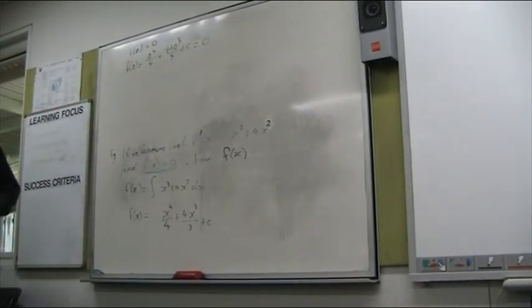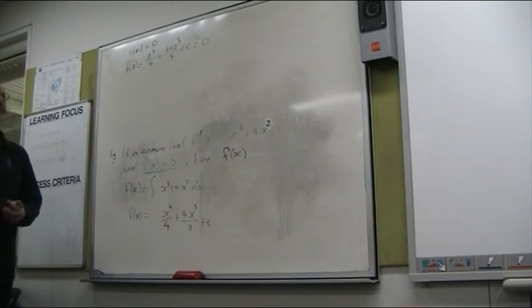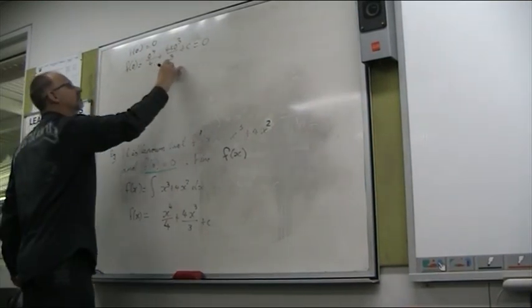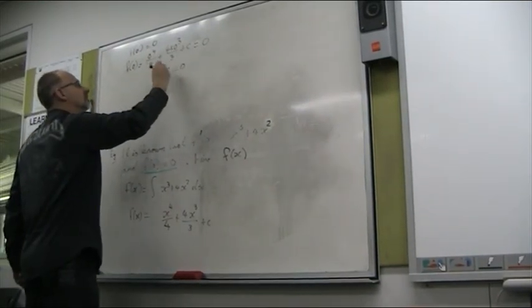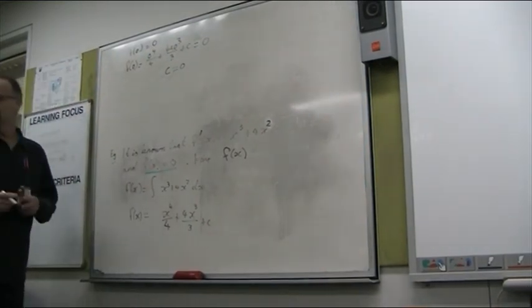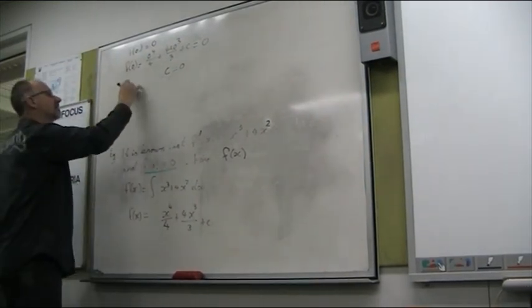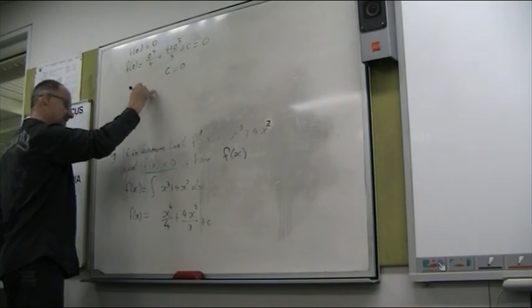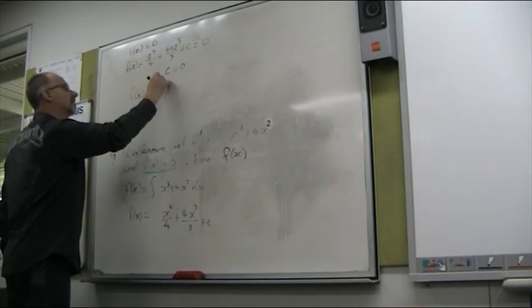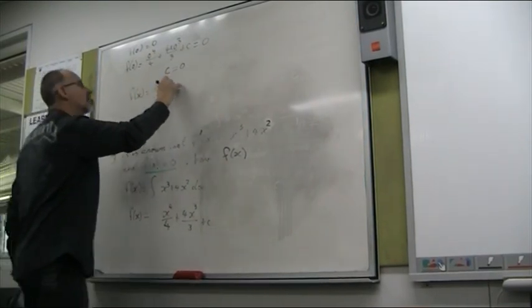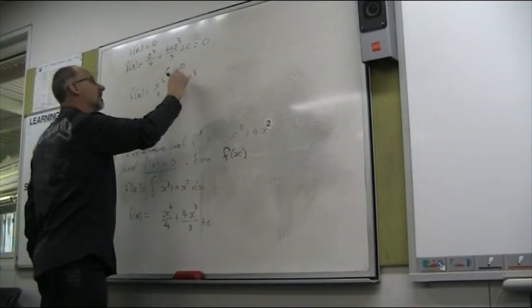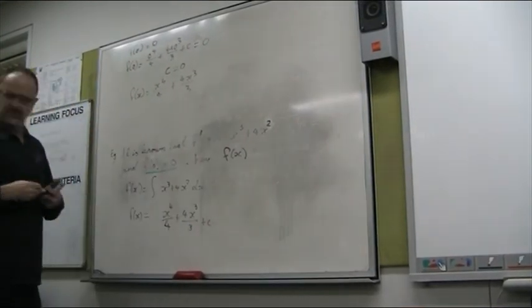So in this particular case, C would be 0. Doesn't have to be, but this one is. And so in this particular case, we know that f of x is equal to x to the 4 over 4 plus 4x cubed over 3.